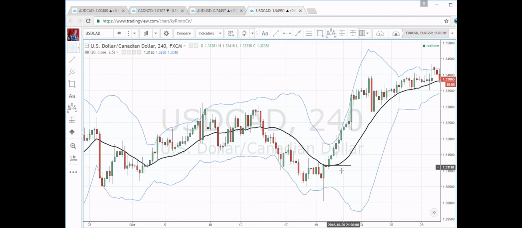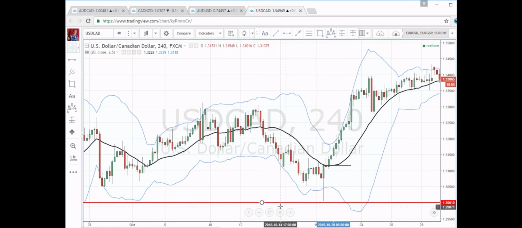So that's the entry level, and the stop loss on such an entry is a little bit trickier, because you see if we place the stop loss here at the very bottom, then we would get a very large stop loss and the reward to risk ratio would not be too great. But as I said in the beginning, you don't manipulate your stop loss just to get a good reward to risk ratio.